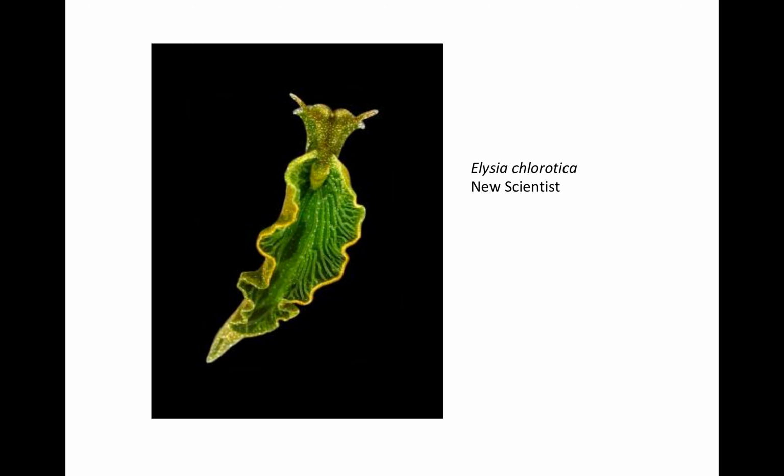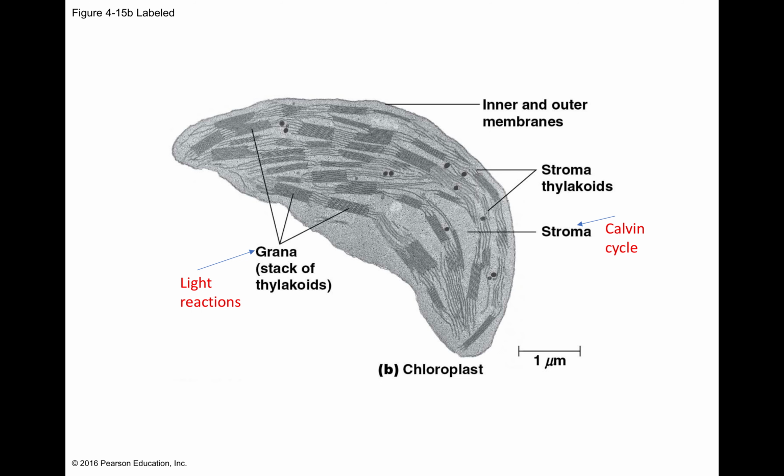That is pretty remarkable. There was a couple papers back about 10 years ago saying that the chloroplast DNA had been transferred into the genome of the animal, but then nobody could confirm that, so that's still out there to be decided.